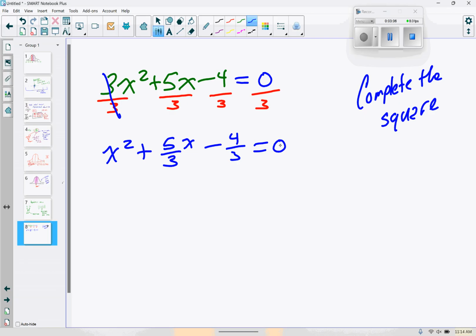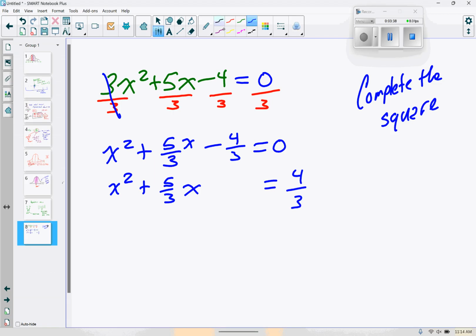Now, friends, I know that fractions are the scariest part of any type of arithmetic. If you trust me, I can get you through dealing with fractions on completing the square in a very simple way. So let me go to this. What did I just do from one to the next? Yeah, I added 4/3 to both sides. That's all I did.